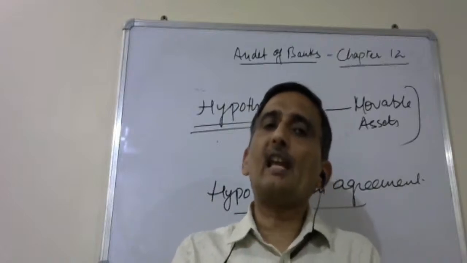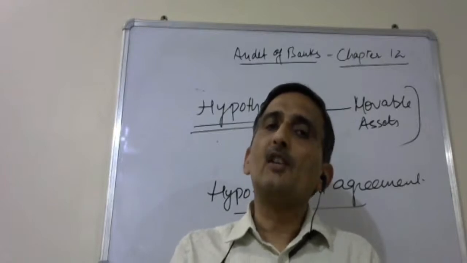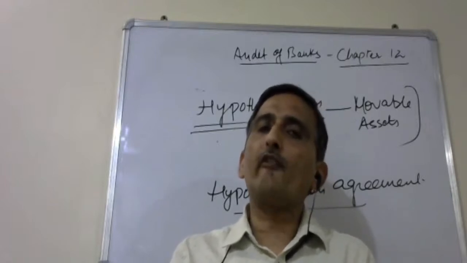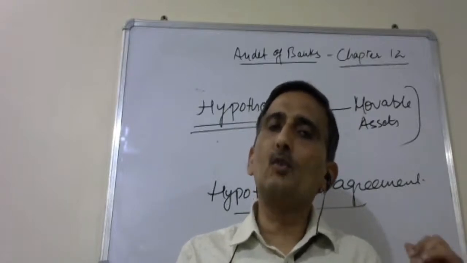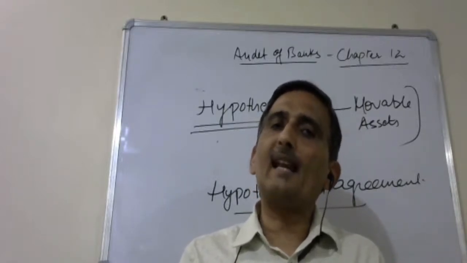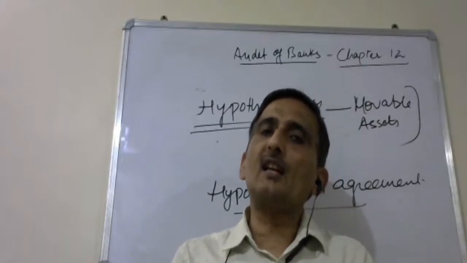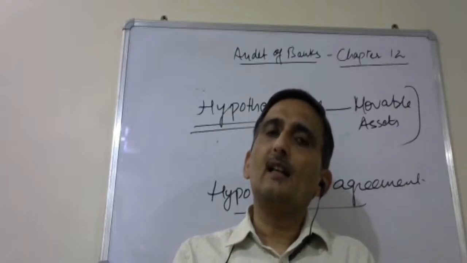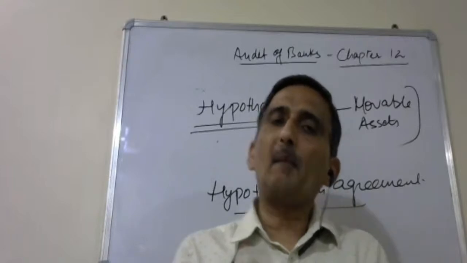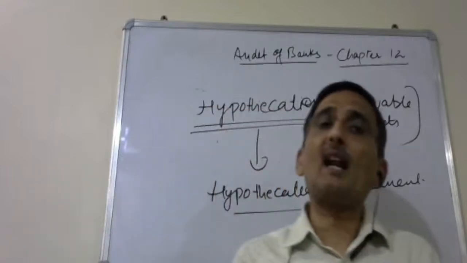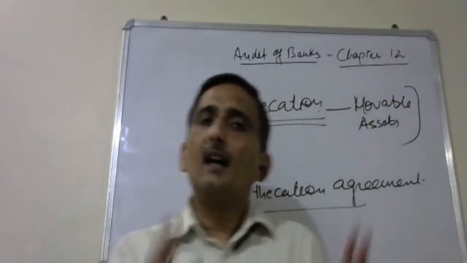Hypothecation is a term used in the context of movable assets. Here ownership and possession remain with the borrower, the party who has taken the loan. Is that clear?